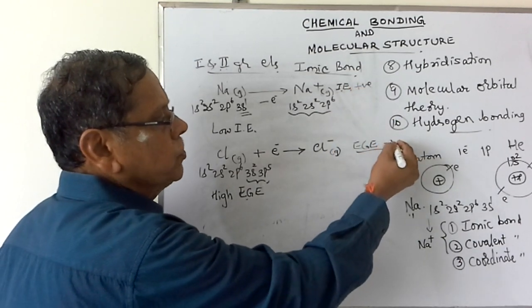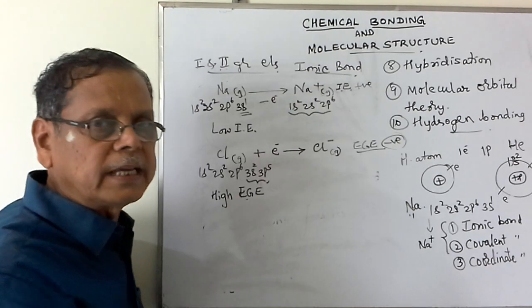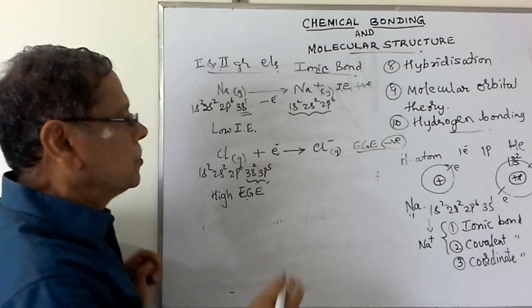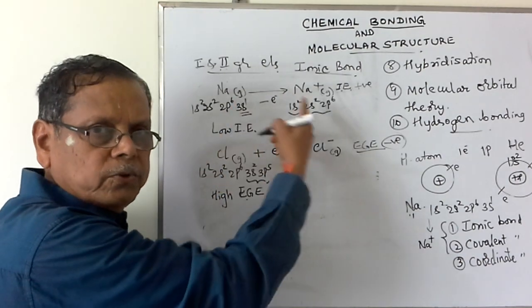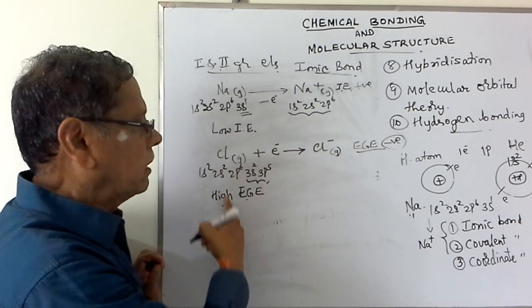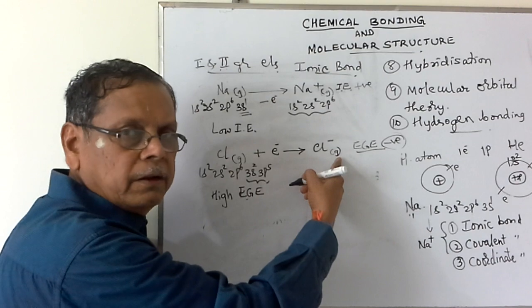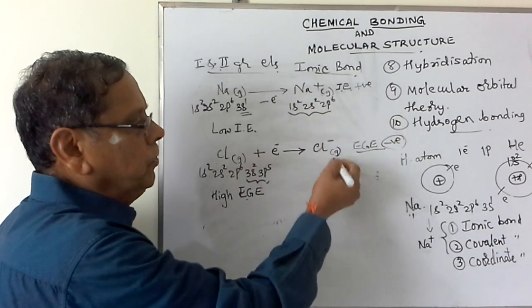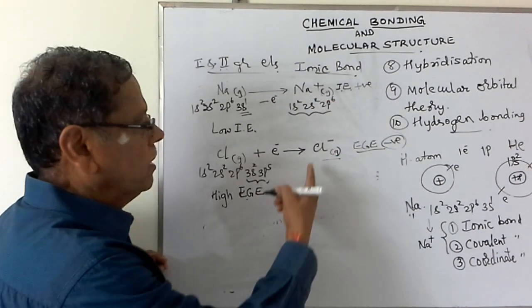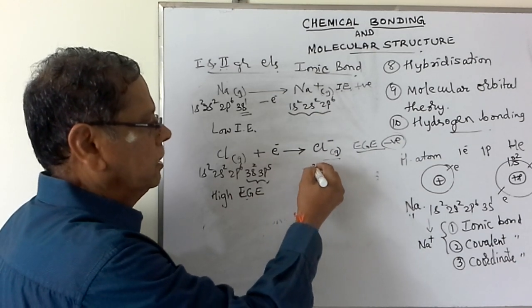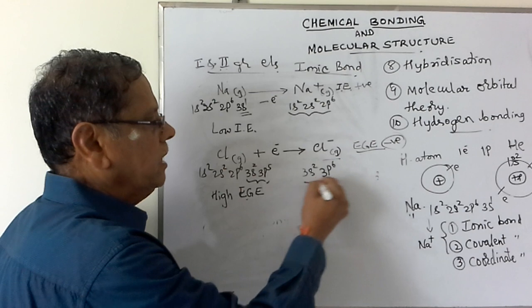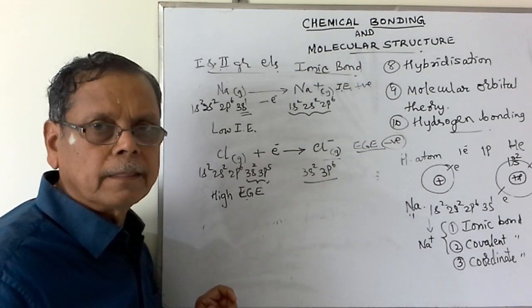Electron gain enthalpy is usually a negative quantity because energy is released. So once the low ionization energy atom loses an electron and the high electron gain enthalpy atom gains the electron, the ions are produced. Once it gains the electron, the configuration becomes 3s2 3p6, so it again attains the octet.